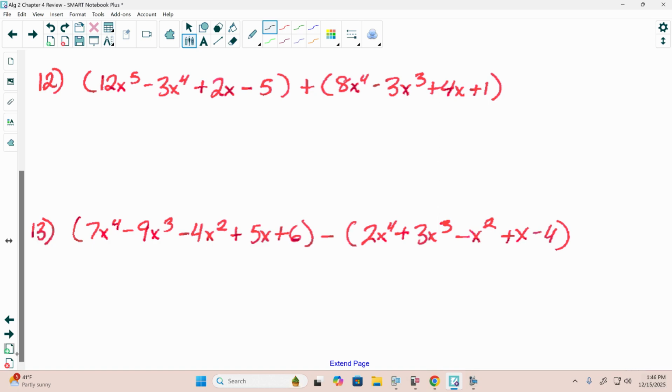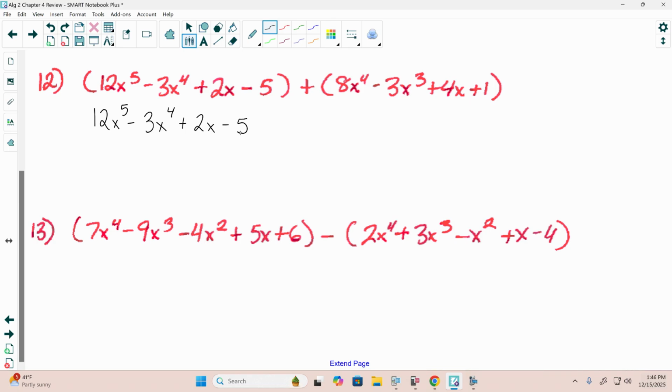So we want to simplify this here. We want to add these two expressions together. Because our first expression has nothing in front of that parenthesis, no sign, no number, we can just rewrite that first expression without the parentheses: 12x to the fifth minus 3x to the fourth plus 2x minus 5.